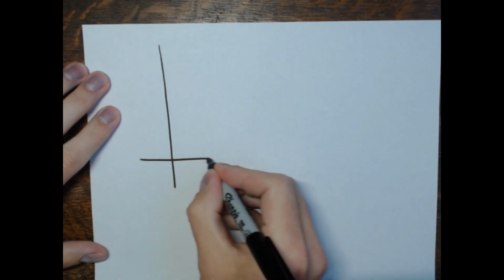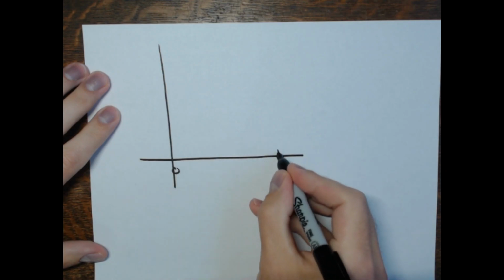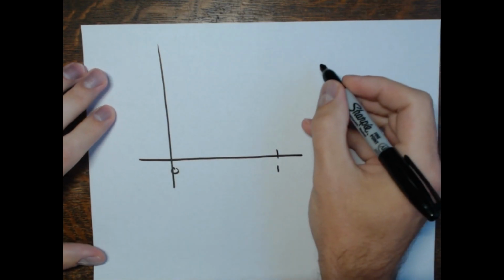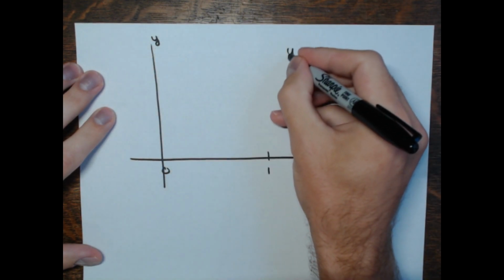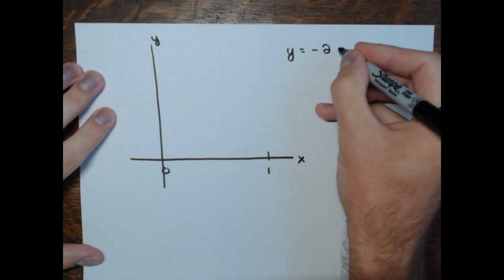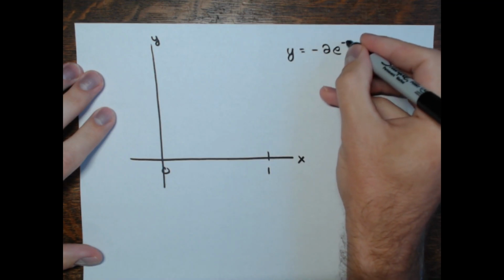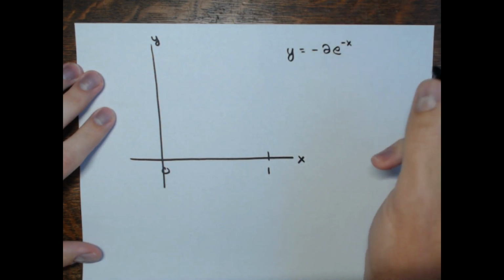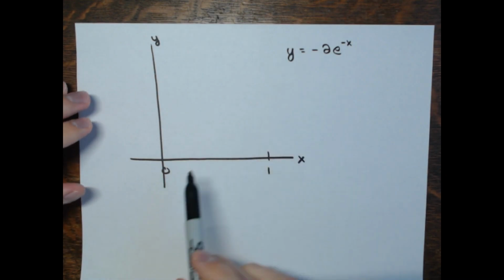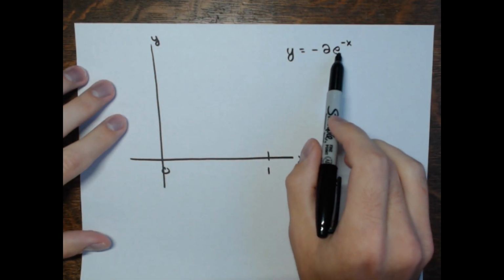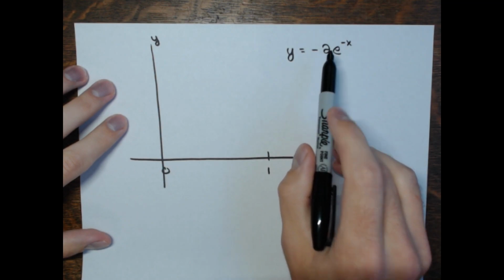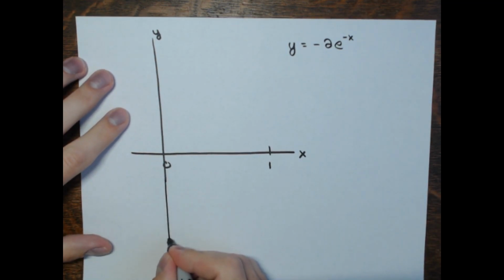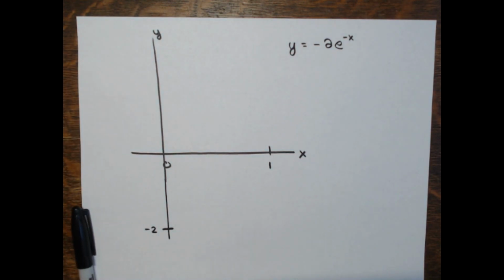So this time we're just going x equals 0 to x equals 1 to the x-axis under this curve, y equals negative 2 e to the negative x. Now at 0, e to the 0 would be 1 times negative 2, so it would be negative 2 for the output there.